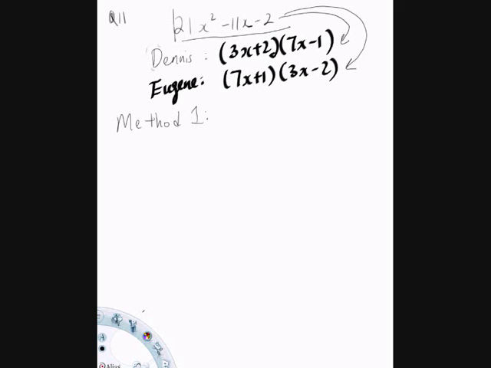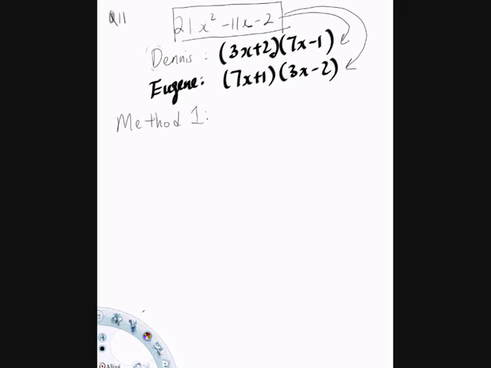To factorize these expressions, you have to consider the different methods of factorization.